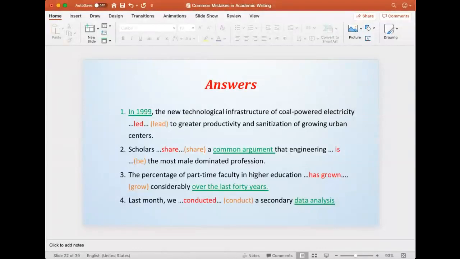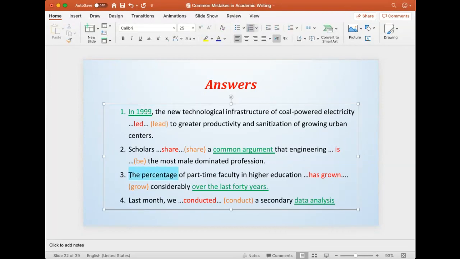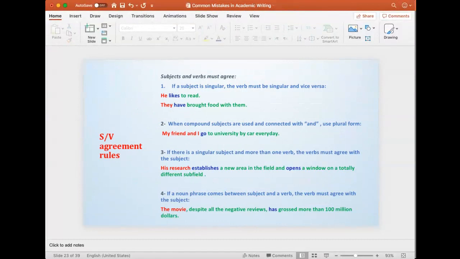The percentage of part-time faculty in higher education has. Yeah, the percentage is singular subject, so we used has. Exactly. Yeah, thanks for highlighting this, brother Muhammad. Okay.